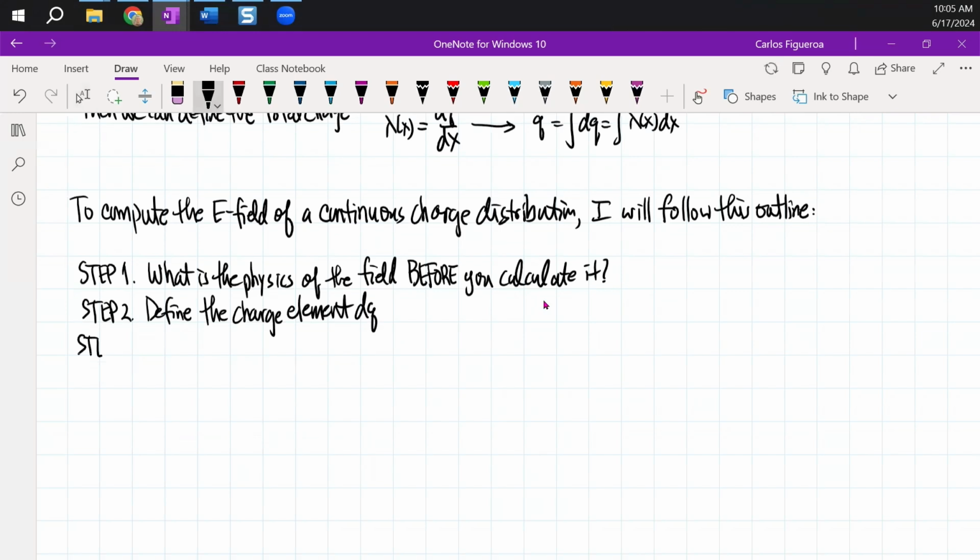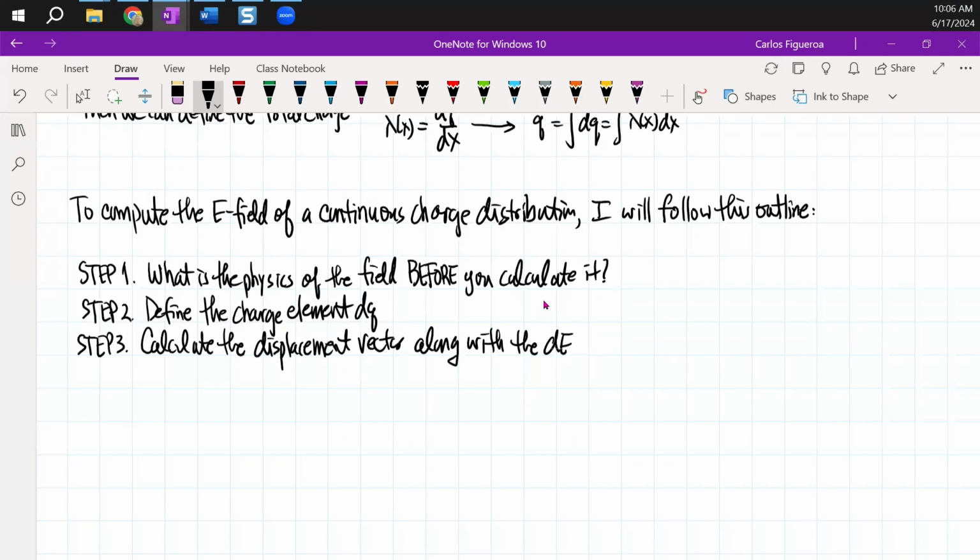Step 3, we calculate the displacement vector along with the little electric field dE, where dE is going to be dq over 4 pi epsilon r squared times r hat.